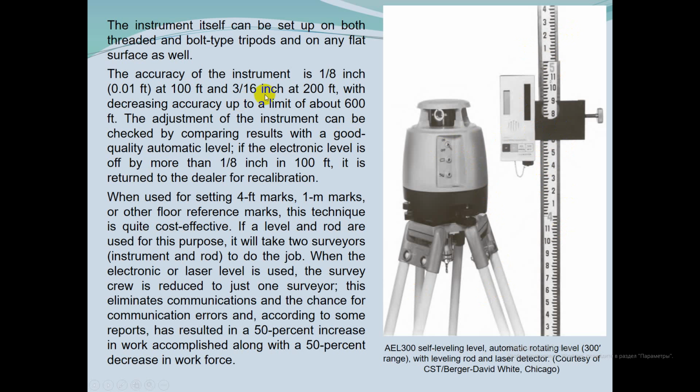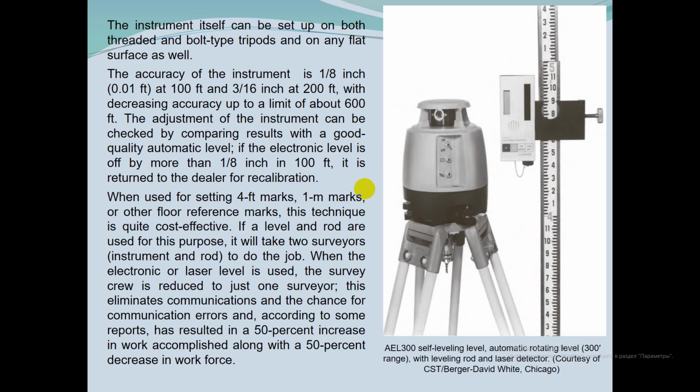This instrument itself can be set up on both threaded and bolt type tripods and on any flat surface as well. The accuracy of this instrument is 1/8 inch at 100 feet and 3/16 inch at 200 feet, with decreasing accuracy up to the limit of about 600 feet.